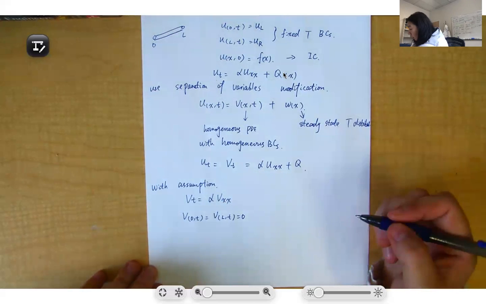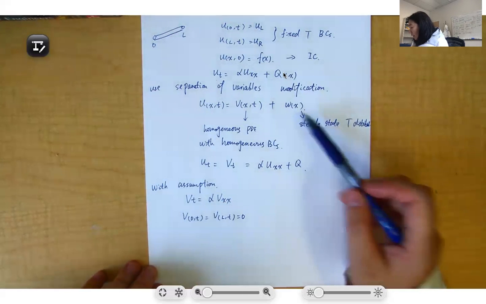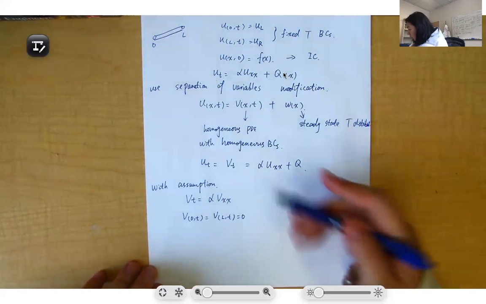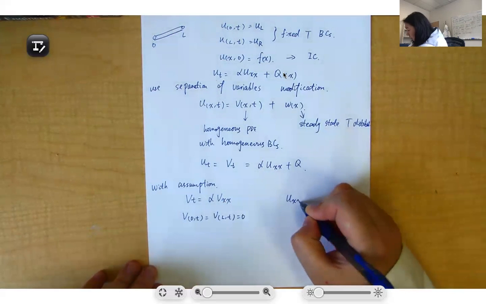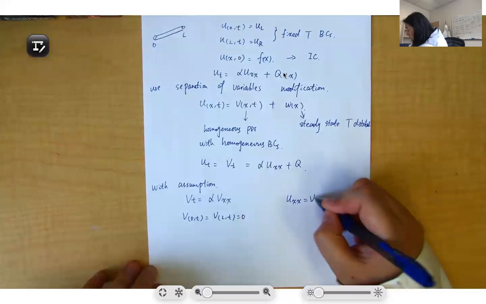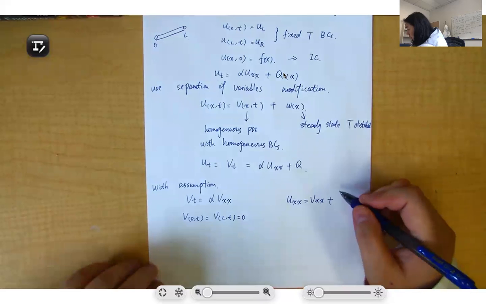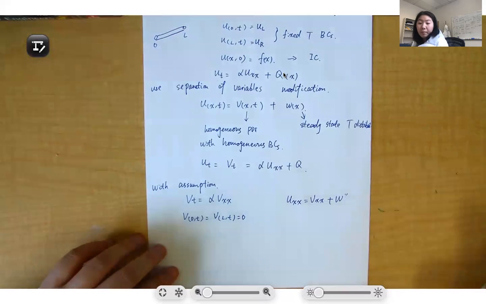Then how about our w part? That is a steady state temperature distribution. So u_xx will be equal to v_xx plus w double prime.